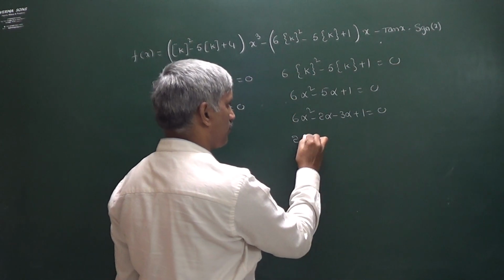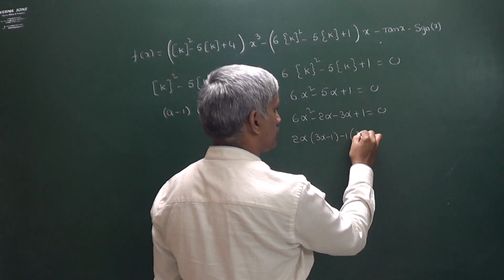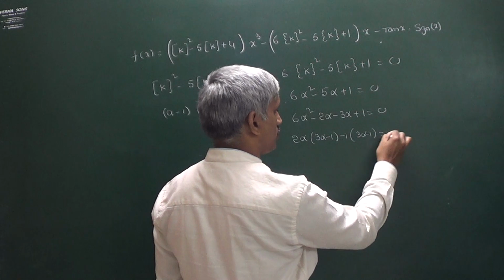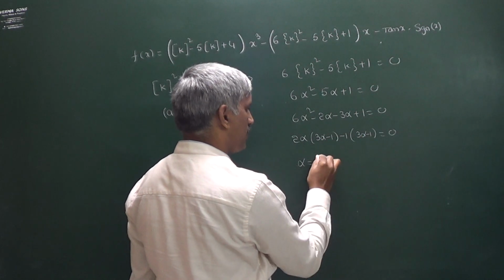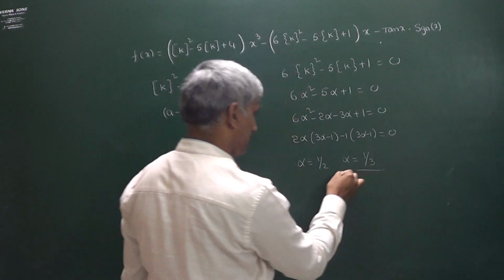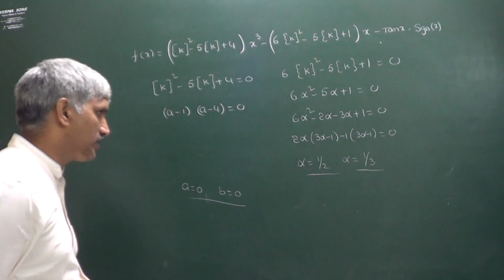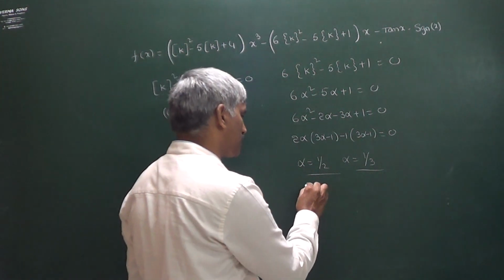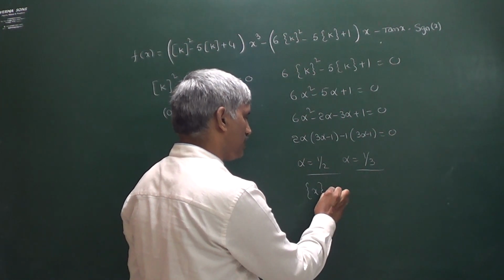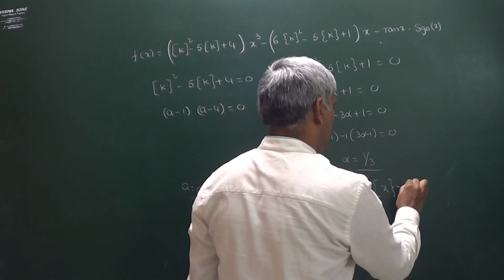If you take 2 alpha common, we will get 3 alpha minus 1 common, 3 alpha minus 1 is equal to 0. Therefore you will get alpha is equal to 1 by 2, alpha is equal to 1 by 3. What is alpha? Alpha is nothing but the fractional part, equal to 1 by 2 and 1 by 3 we got.